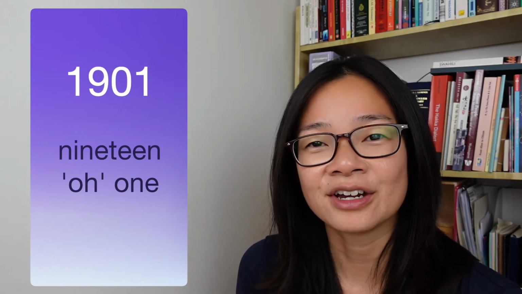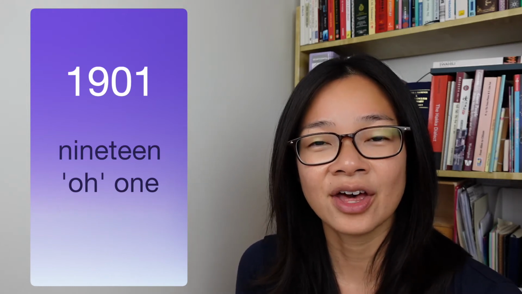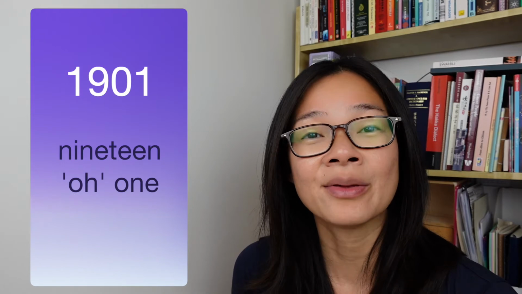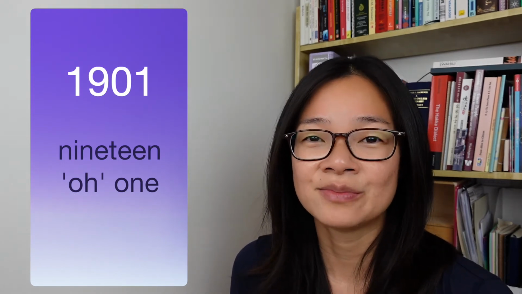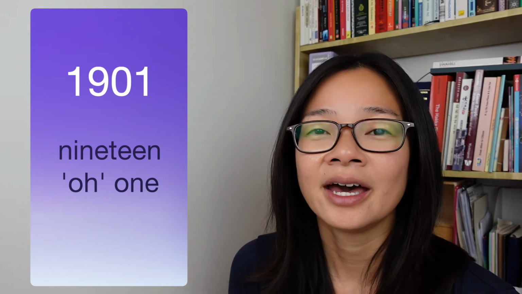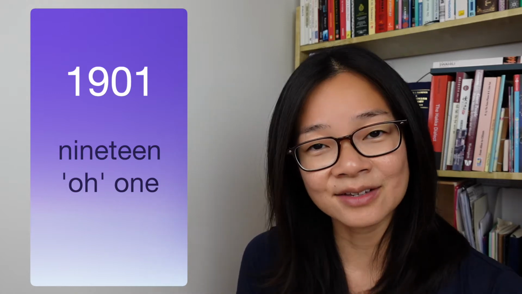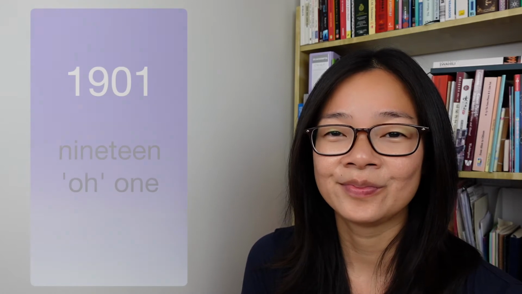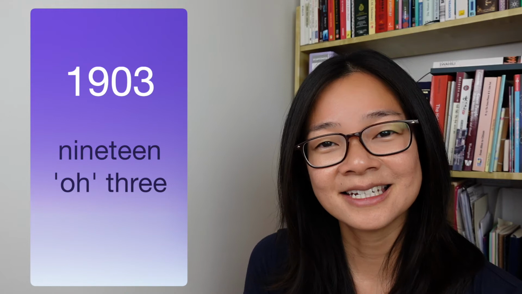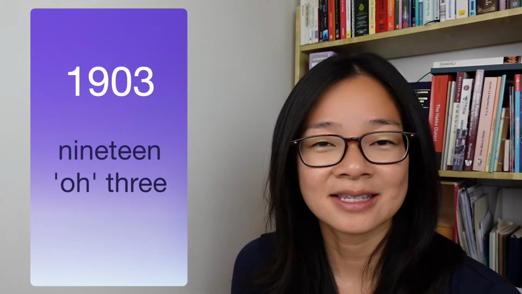And you can hear that I've used the word oh to describe this third number, which mathematically is the number 0, but in English we do sometimes use the word oh to talk about the number 0. So in the case of years, that's how we say it. Nineteen oh one. Two years after that was, you've guessed it, nineteen oh three. And so on and so forth.